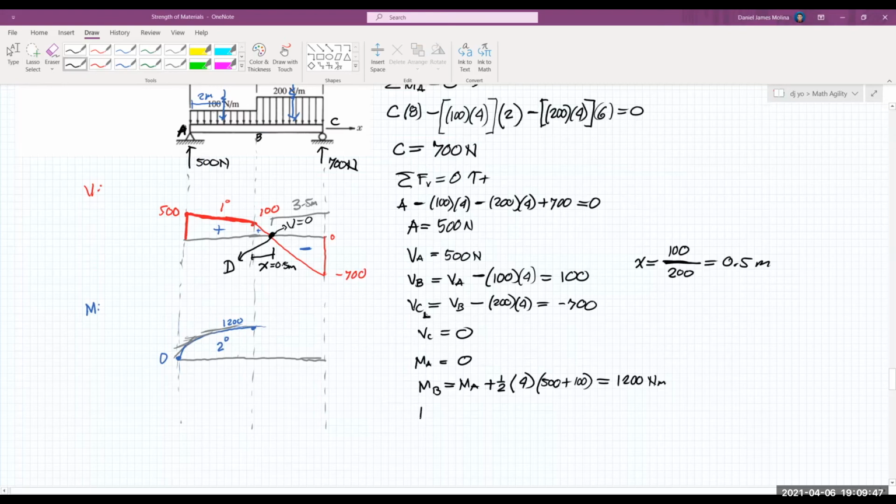Next, we have the moment at D, where the zero shear occurs. That's the moment at B plus the area of the small triangle. So we have one half times 100 times 0.5. So the moment at D is equal to 1,225 Newton meter. So project it here.